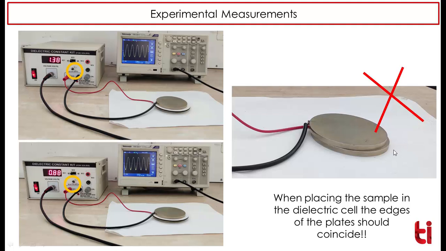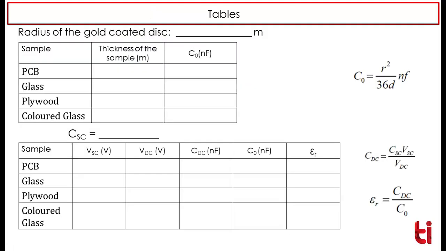They should coincide, because if they do not coincide, the actual area of the capacitor will decrease. So this is very important to remember while making these measurements, to ensure that your dielectric plates are exactly on top of each other. Using this, we make the measurements for all the four samples.